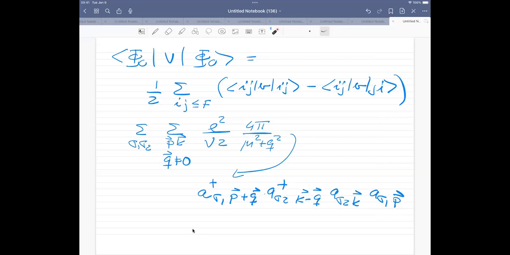So for the integral which we are calculating, if I look at i, on the bra side what we have is P plus Q. The spin is the same, so that's no problem. But on the ket side, we require that i takes the value P.